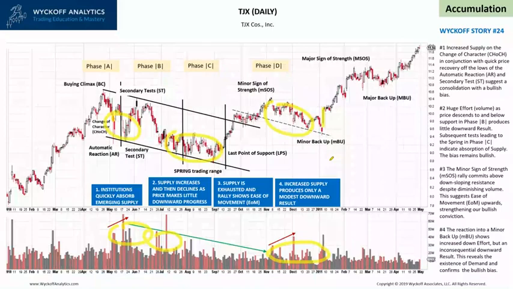Why? Because a lot of supply has been absorbed by this time. And on top of that, we should finally start seeing momentum players coming back into this position. This has been a leading stock, and now it changed its behavior, and it starts showing some elements of momentum, especially on this first bar, and then on the subsequent moves.